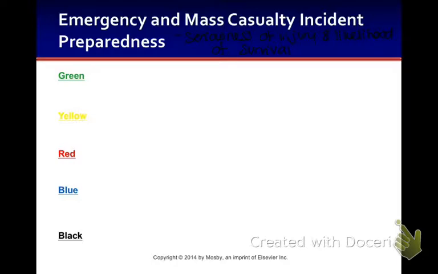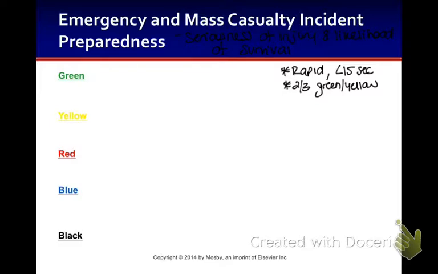So again, the seriousness of the injury and the likelihood of survival. This is typically done very rapidly, 15 seconds. So when we have a mass casualty incident, something like recently the bombing at the Boston Marathon, they're going to quickly come in and start tagging patients. It's done super quick.